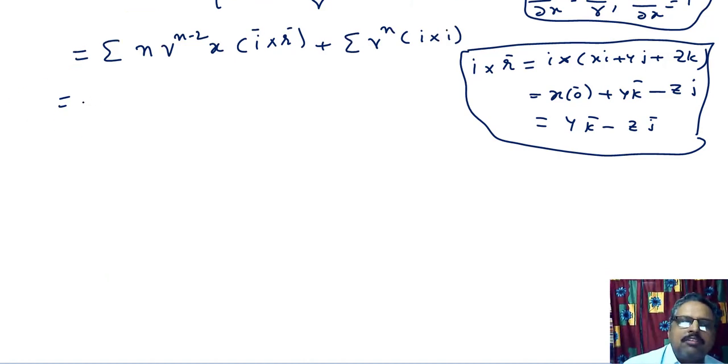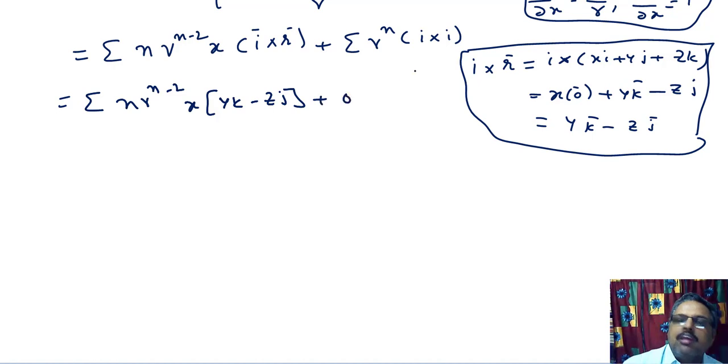Using this result, sigma, now this is constant, sigma n r power n minus 2 into x into i cross r bar equals to yk minus zj plus 0. i cross i equals to 0 vector.